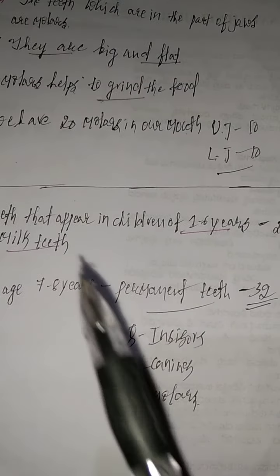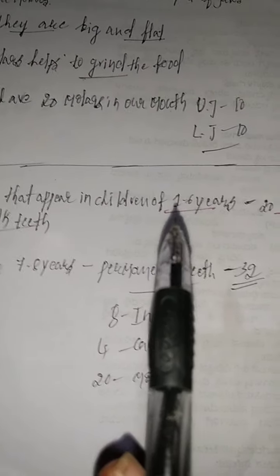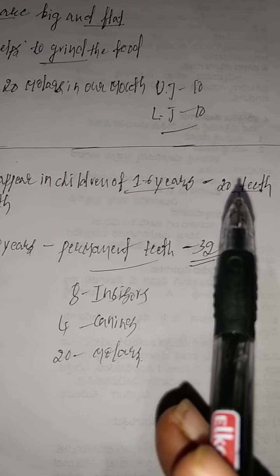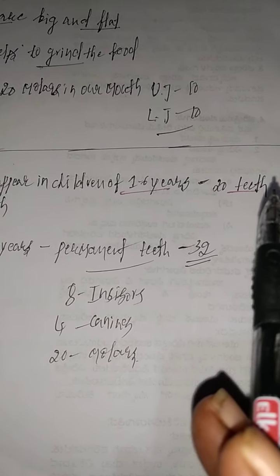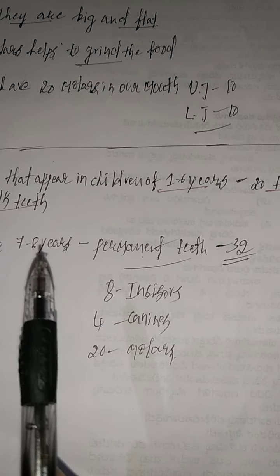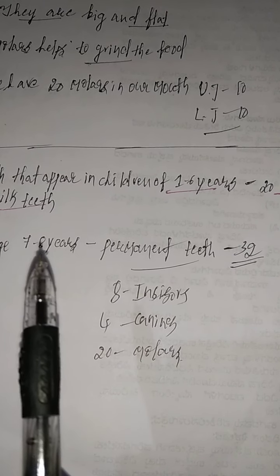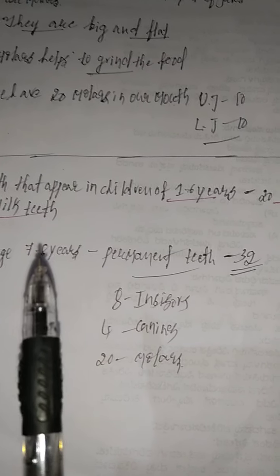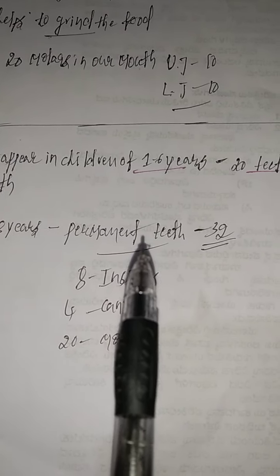I will repeat it once again. The teeth that appear in children of 1 to 6 years are called milk teeth. There are 20 milk teeth. At the age of 7 to 8 years, the milk teeth start falling and new teeth appear in their place. These are called permanent teeth.